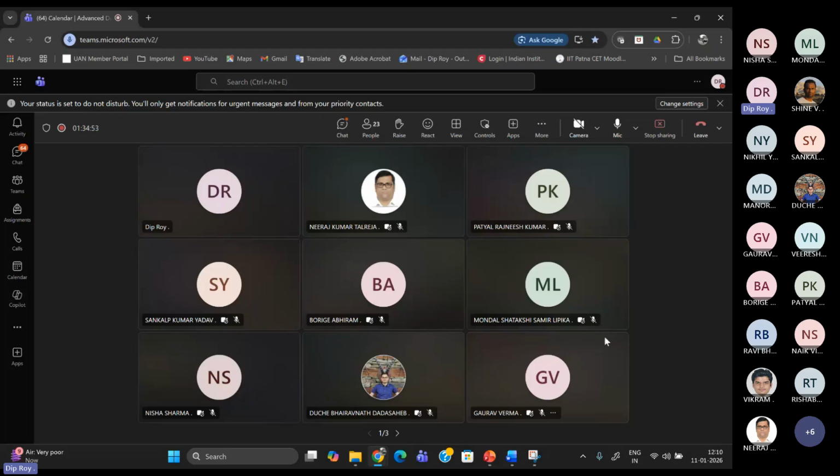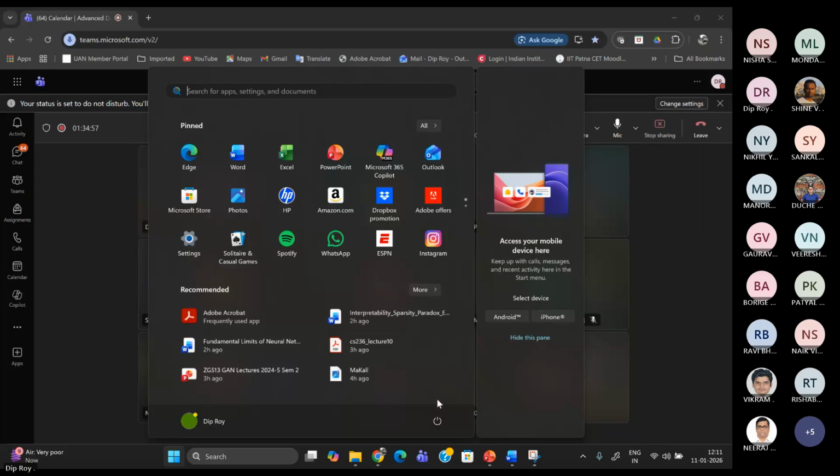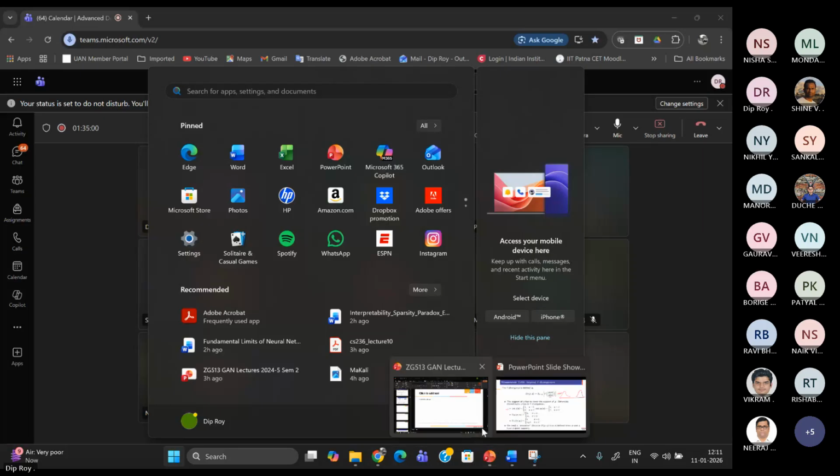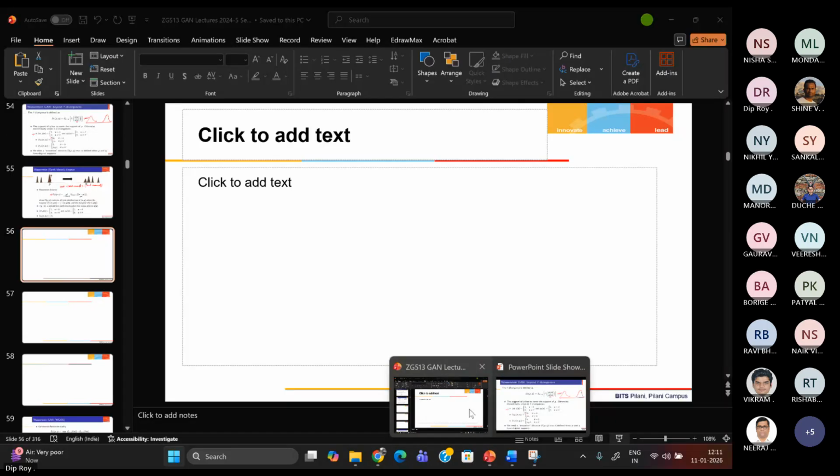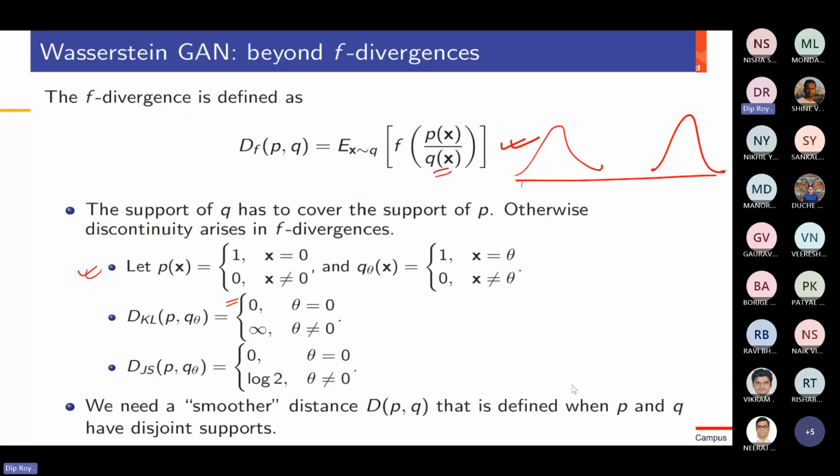So just let me draw it once. Okay, so this is a probability distribution. A probability distribution has mass at every point, right? The mass here is much higher than what it is here. Now, what it is trying to say is that the mass in P is spread across multiple locations.